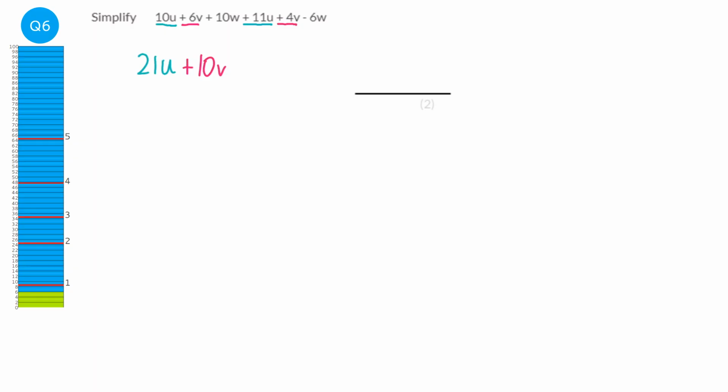We can also add this 10w to this minus 6w, so 10 take away 6 is 4w, so plus 4w. But we can't add a u term to a v term to a w term, so we have to just leave them be. So our answer is 21u plus 10v plus 4w, but we can multiply them, we just can't add or subtract them.